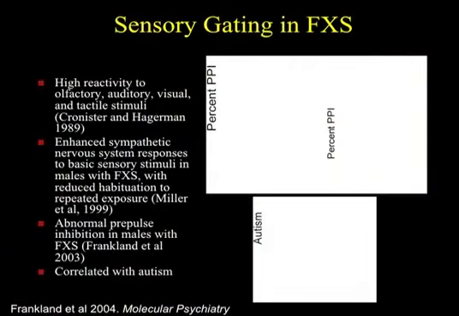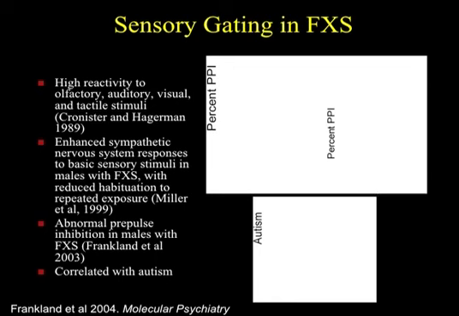This study showed that individuals with Fragile X had very substantial deficits in this measure of sensory motor gating. And one of the really interesting things about the study was that a measure of autism was very strongly correlated with the degree of this sensory motor deficit. So that prompted us to carry on with this type of work.